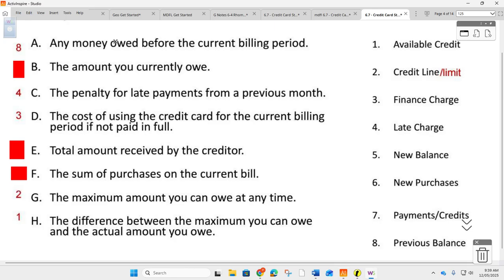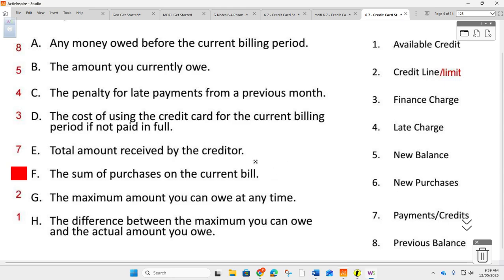Do you know any of the other three that we haven't uncovered? You know all of them? Which one do you want to do? B is 5. The amount you currently owe is your new balance. The total amount received by the creditor, we're going to pop through because we will probably run out of time, is 7, your payments and credits.